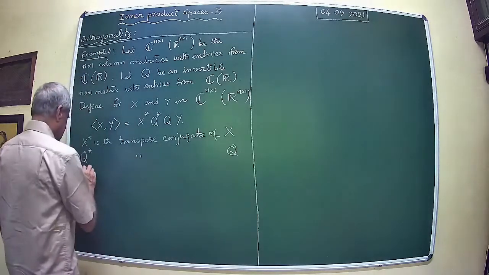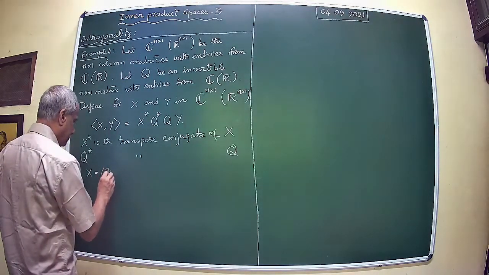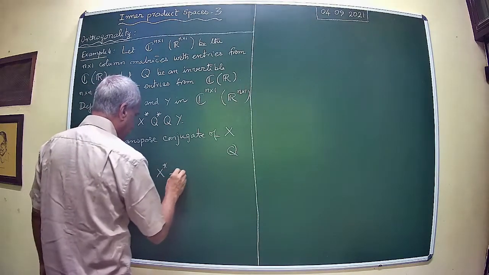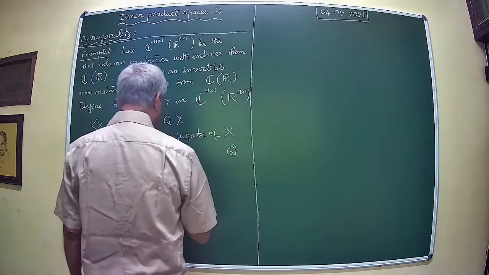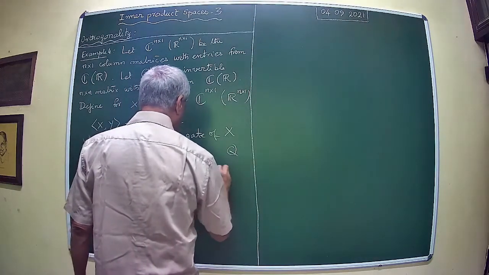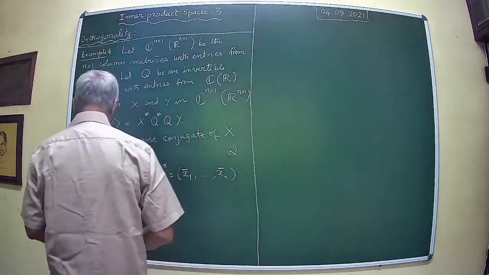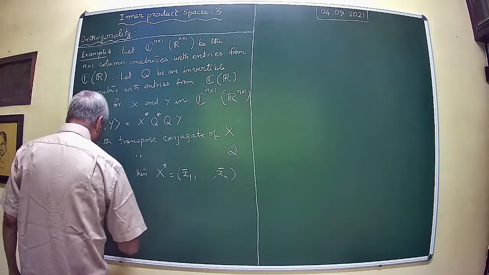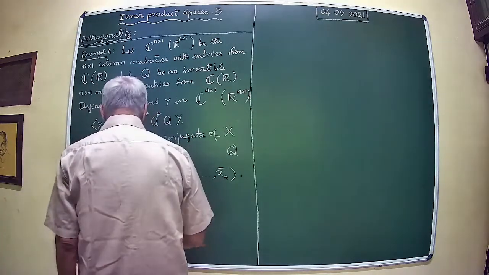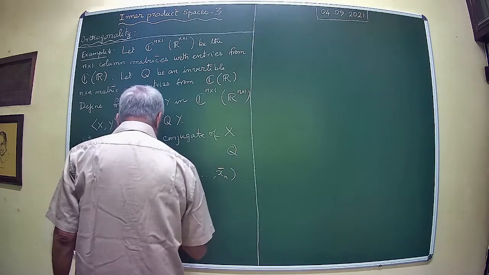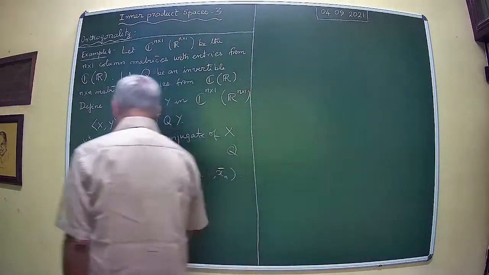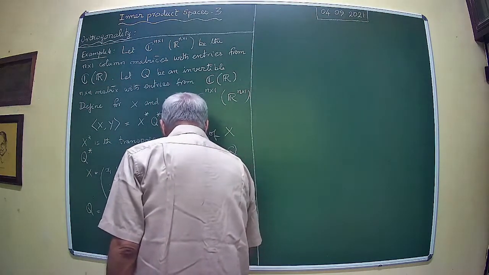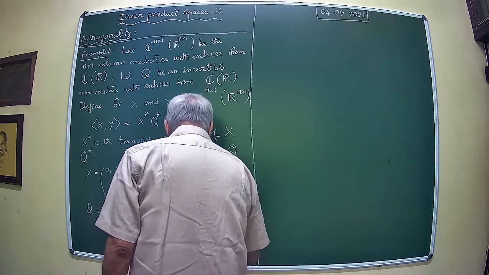See, x is given by, and so also Q star. Q star is the conjugate.